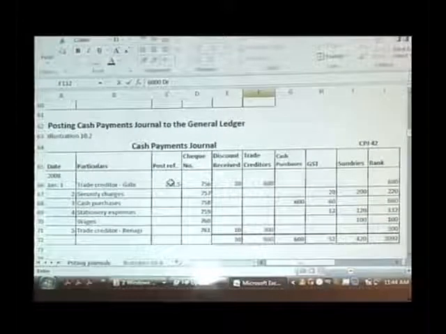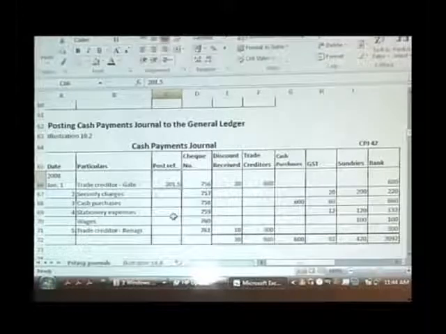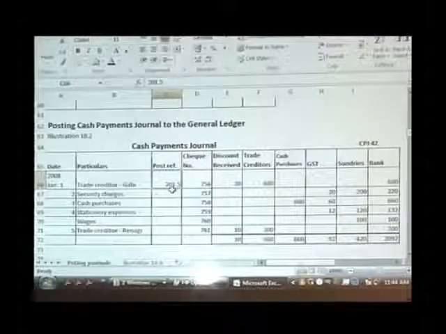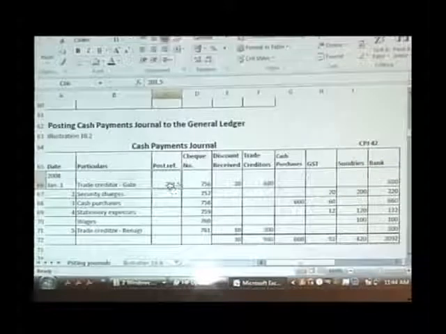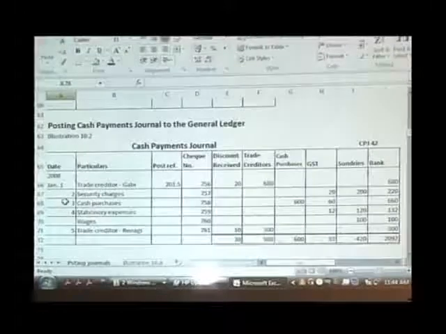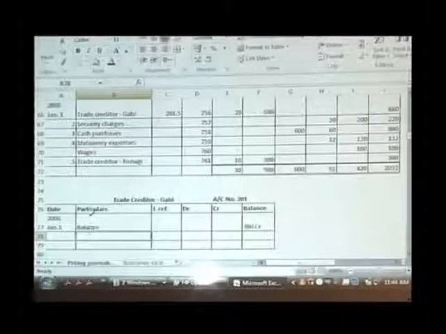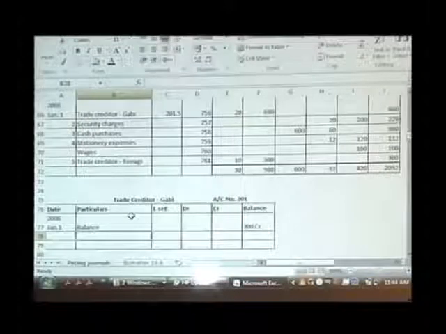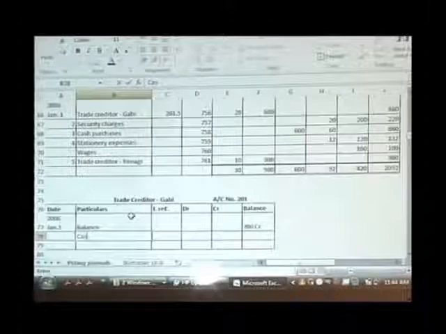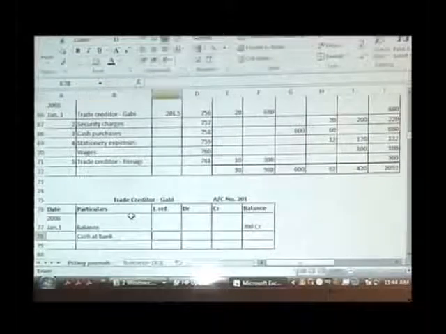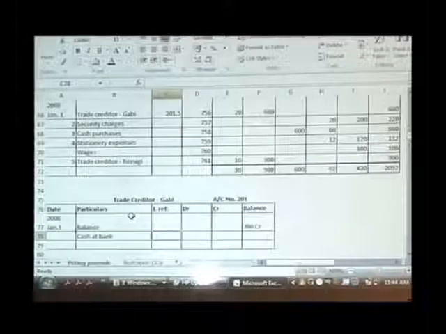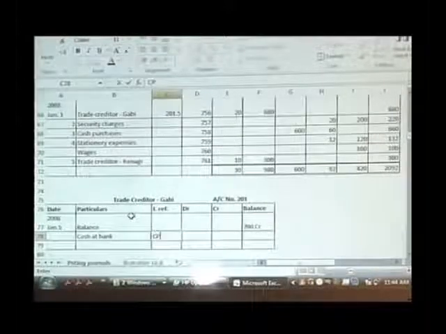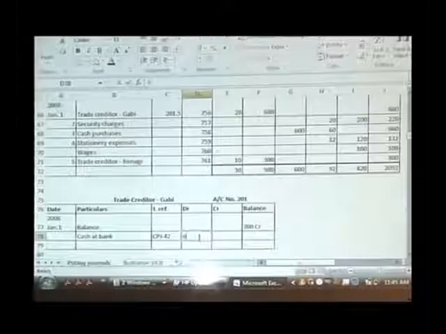Now post the items or transactions to the respective accounts. Gabi, account number 201.5, so it's here, and the date is first, so therefore it is not necessary to put the dates again. Gabi, cash at bank, CPJ, page number 42, amount paid is 680 kina.